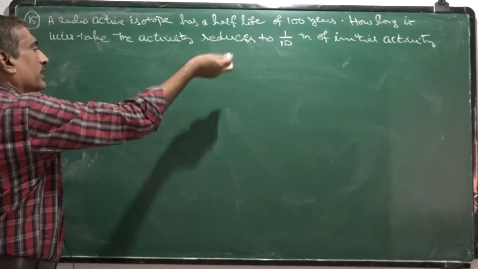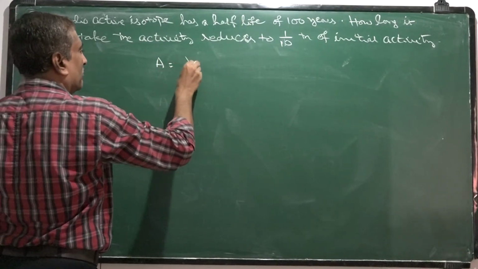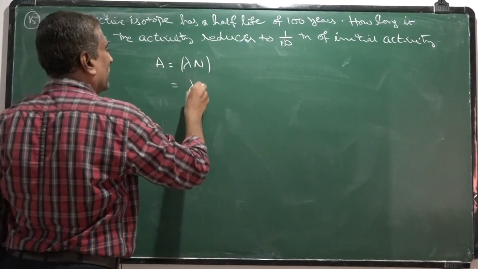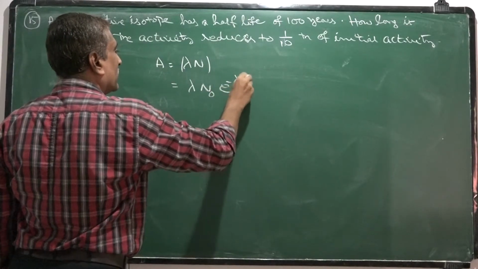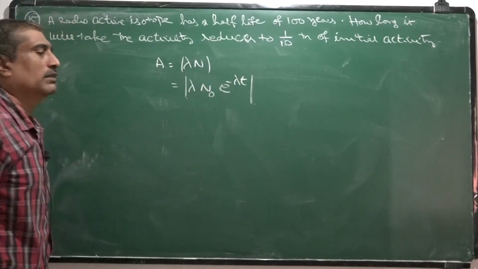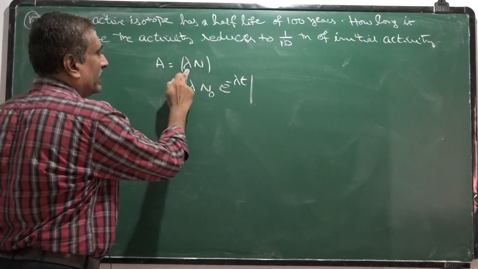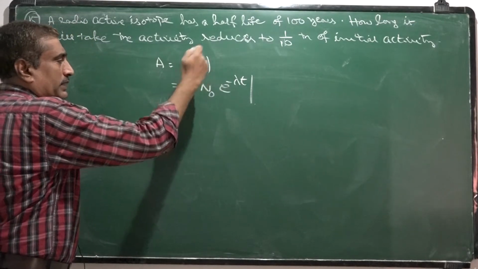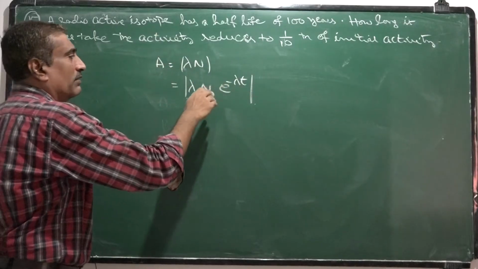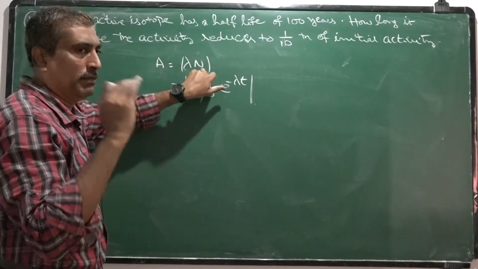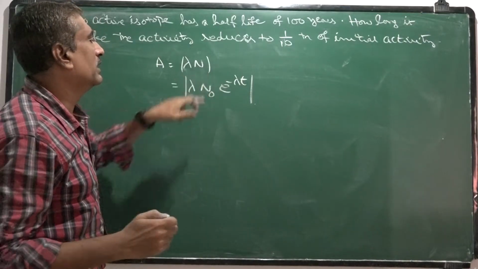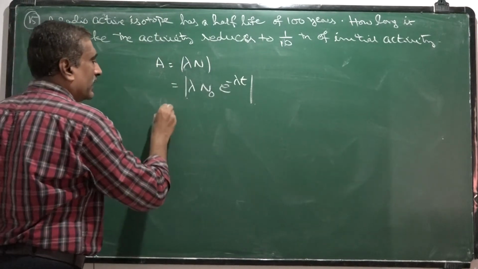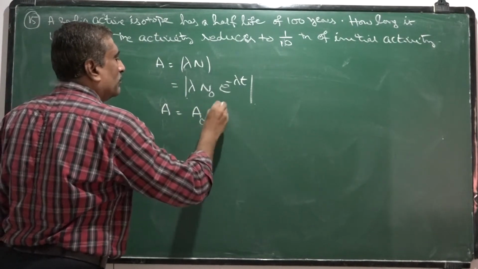Activity is given by A = λN. So we can write it as λN0 e^(-λt). Here the activity is λN, that means after some amount of mass has decayed, the remaining nuclei number is N. If we take λN0 as the initial activity A0, then A = A0 e^(-λt).